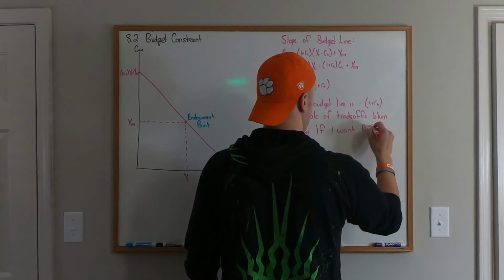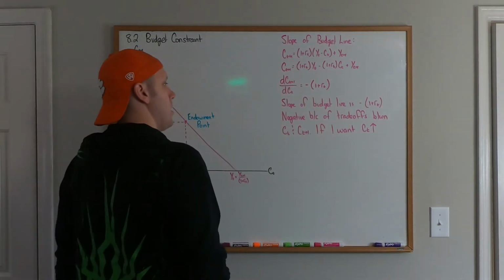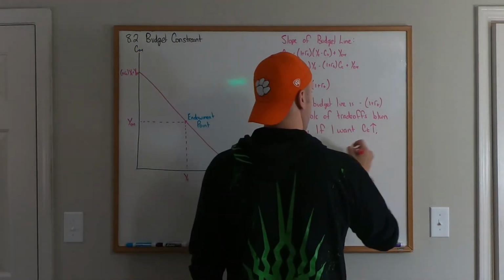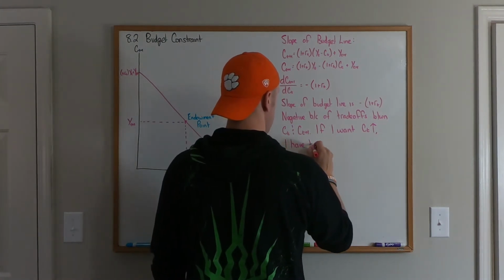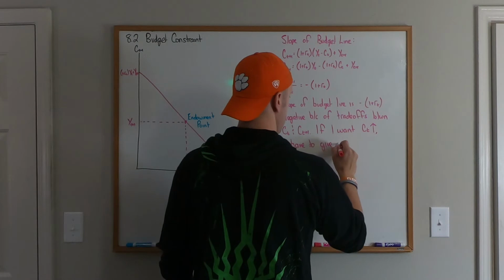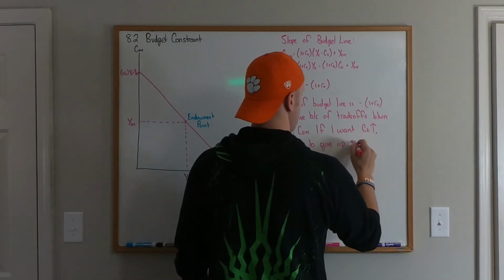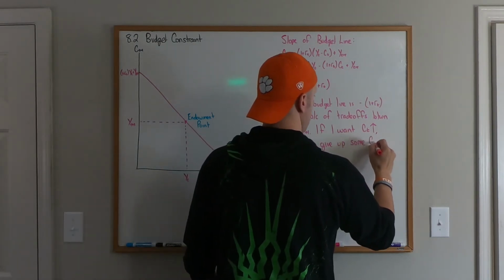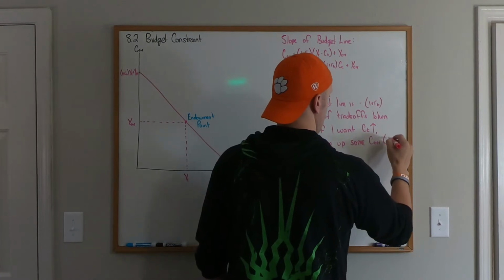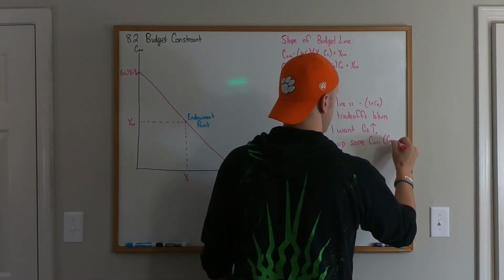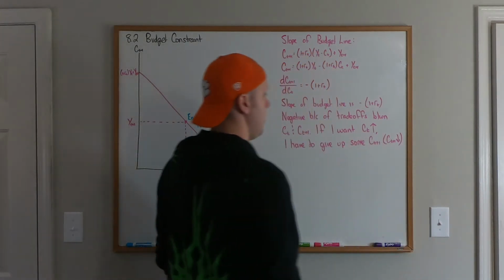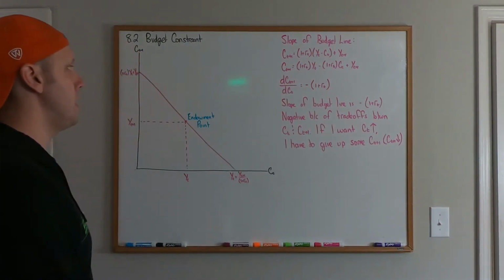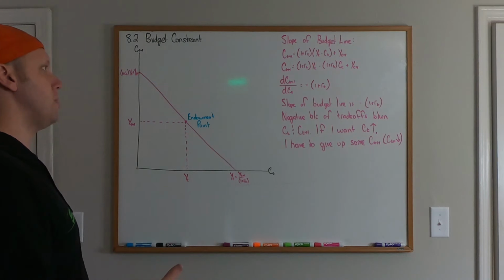If I want more consumption today, I have to give up some future consumption, which means ct plus 1 will fall. You can plug numbers in here and see exactly what's going to happen.